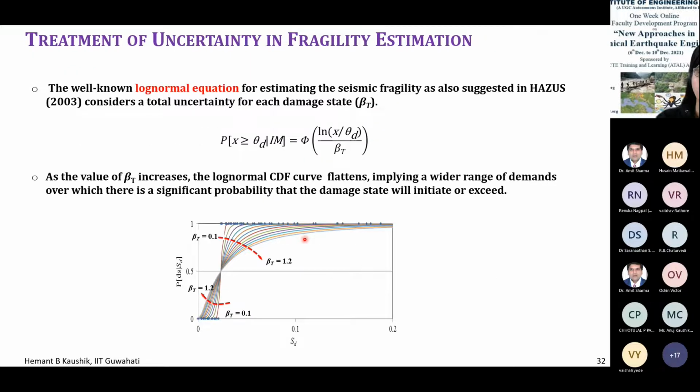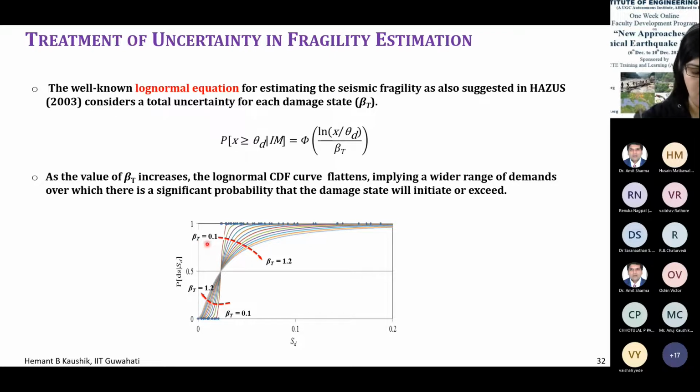And this is a very well-known lognormal equation for estimation of seismic fragility, which is suggested in HAZUS. And using this equation, we can get the probability of exceedance of a certain demand parameter. So that we'll discuss later. But just to show you what is the variation in the fragility when we vary the uncertainty.